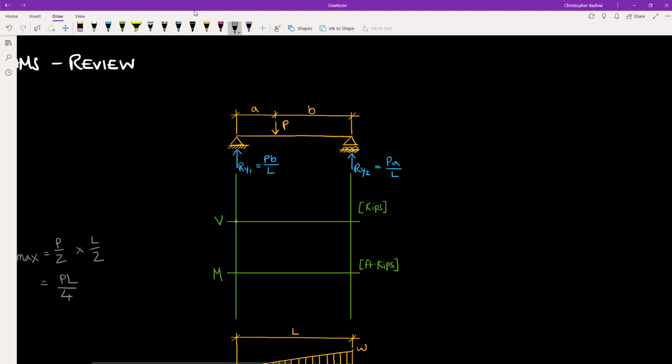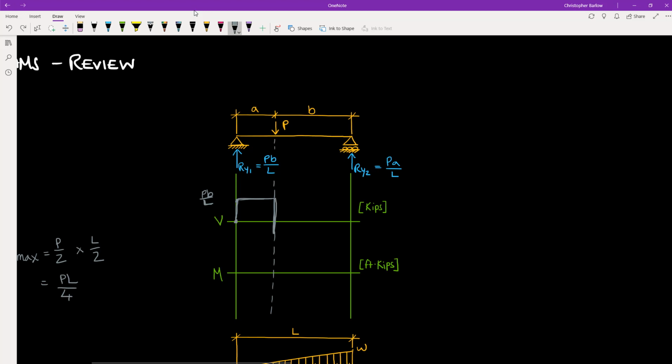As in the previous problem, we start with 0 on our shear diagram and jump up by our external reaction Ry1, a magnitude of Pb over L. Then as we move to the right, we have no external forces, so our shear diagram is constant until we reach our applied load P. Then our shear diagram jumps down by a magnitude of P.